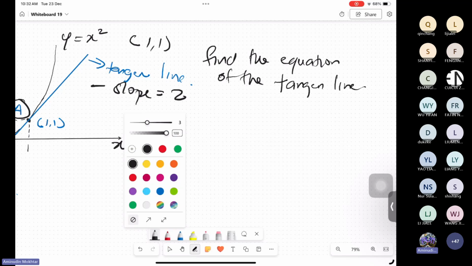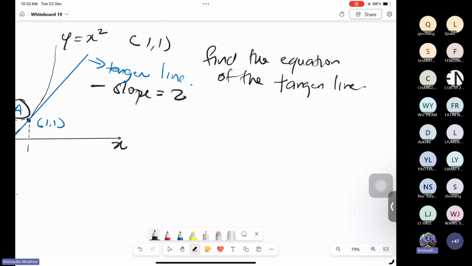I hope you still remember how to find the equation of the tangent line.